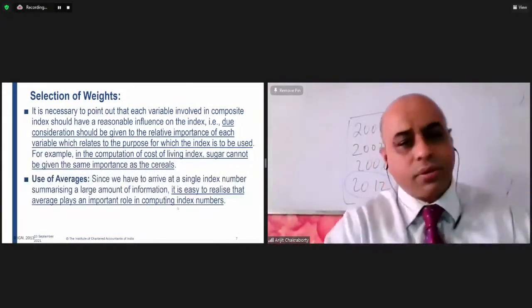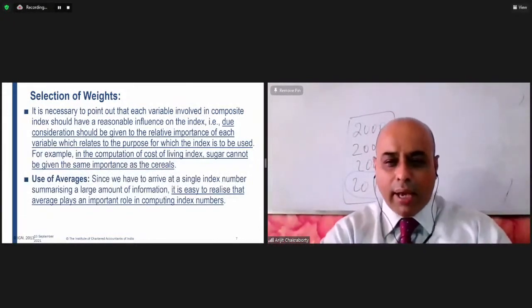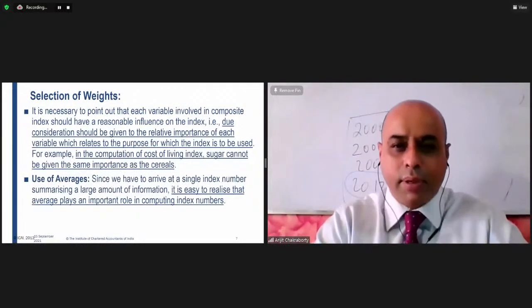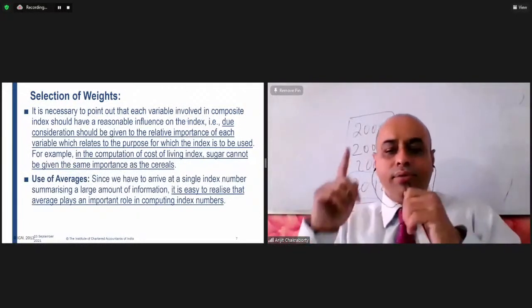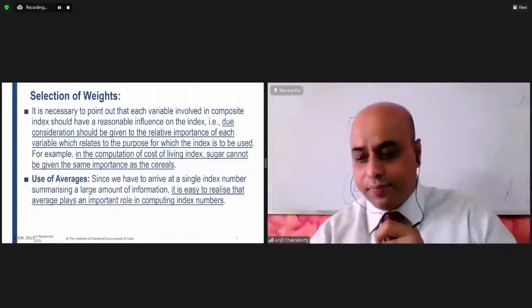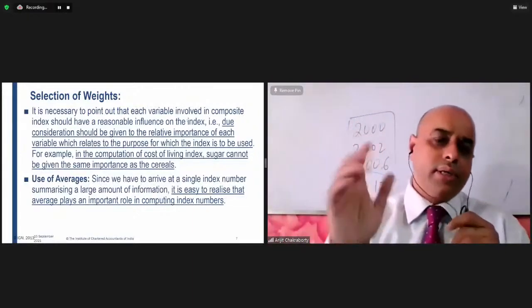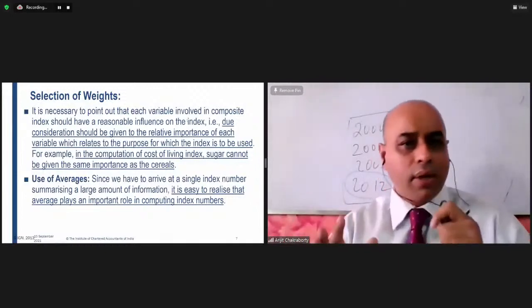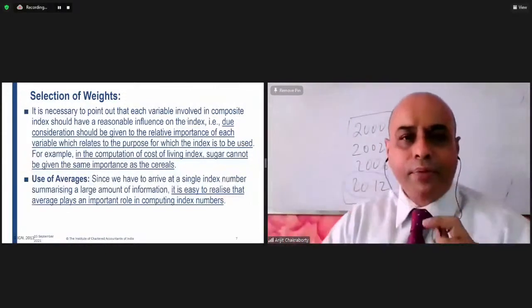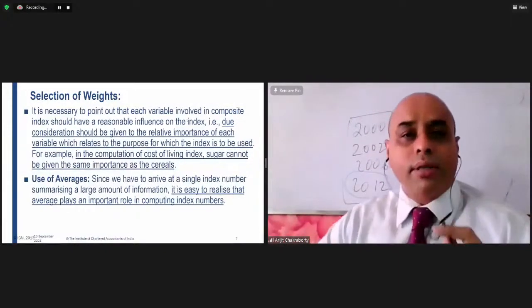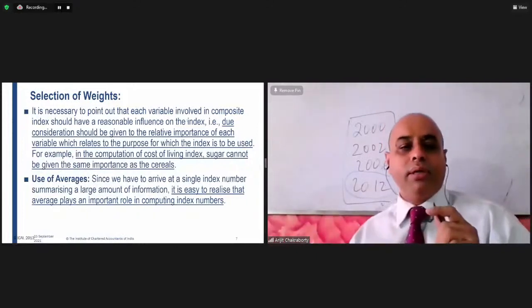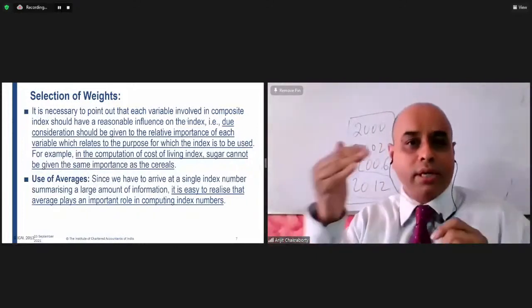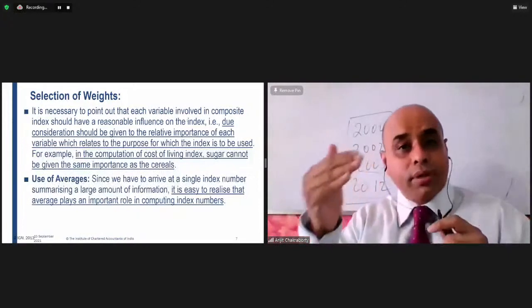Then we come to use of average. I was mentioning a little while back that index number definitely uses the concept of arithmetic mean, which you have already studied before in the statistic portion. In statistics, you have studied about different types of mean. Also, in our mathematics portion, you may remember we studied about proportions, arithmetic proportions, geometric proportions.